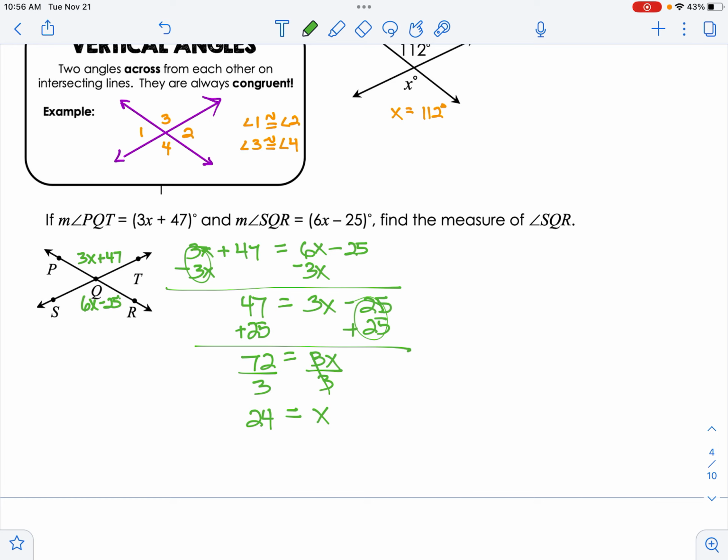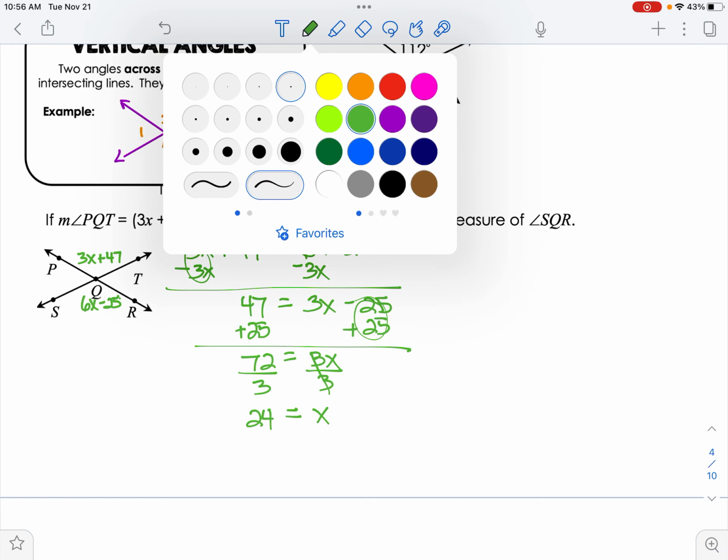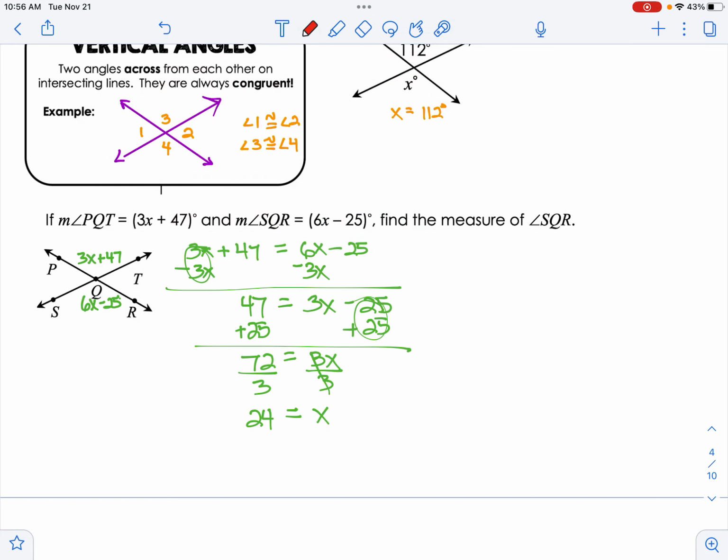Now I need to find the measure of SQR. SQR is 6x minus 25. So I'm going to go 6 times 24 minus 25. Multiply 6 times 24 and subtract 25.